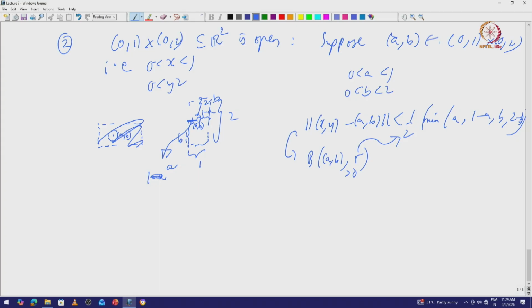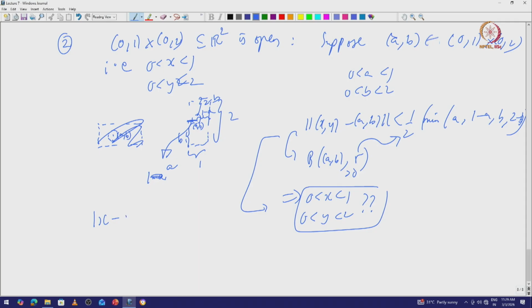What would it entail to prove such a claim? We would need to prove that this implies x is between 0 and 1 and y is between 0 and 2. This is the thing we need to prove. Now, how far is x from a? Please note that this thing here is the square root of (x minus a) squared plus (y minus b) squared.